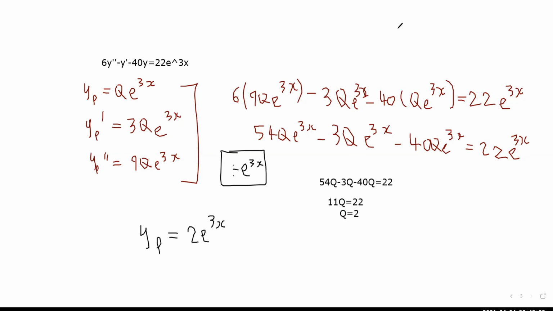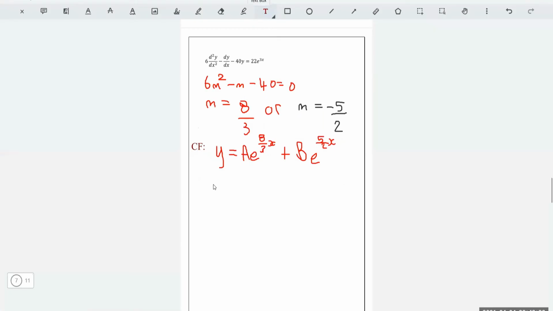That's it. So now we can write our general solution. Again, we know that the general solution, I'm just going to write GS for general solution, is the complementary function plus the particular integral.